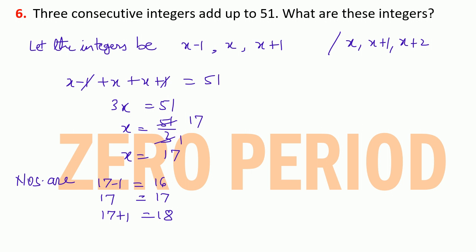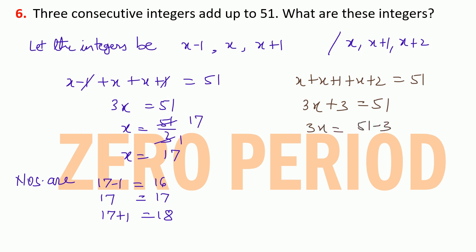x plus x plus 1 plus x plus 2 is equal to 51 again, and x plus x plus x is 3x, and 1 plus 2 is 3, equal to 51. So 3x is equal to 51 minus 3, and 3x is equal to 48. 51 minus 3 is 48.